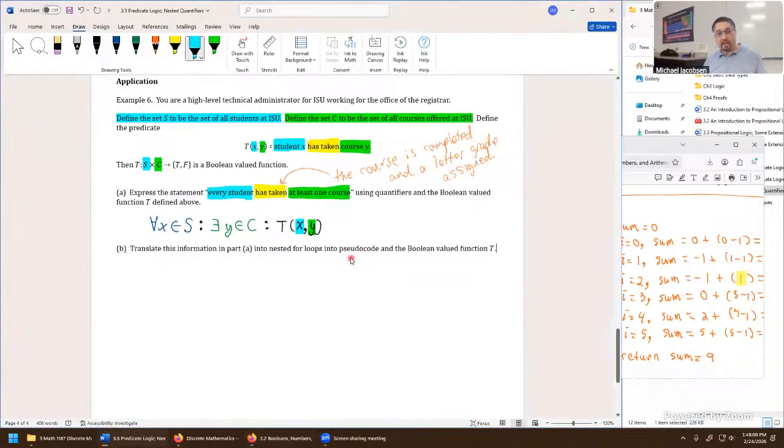First, to kind of motivate what we're even doing here, this seems like just kind of a weird curiosity problem, but it's actually very, very highly applicable in the real world, more so than we might think. Because a high-level technical administrator for ISU has a lot of tools, really, a whole dashboard, a suite of operations. They can just punch something in and do a check.